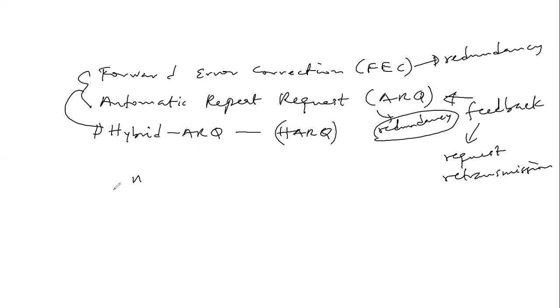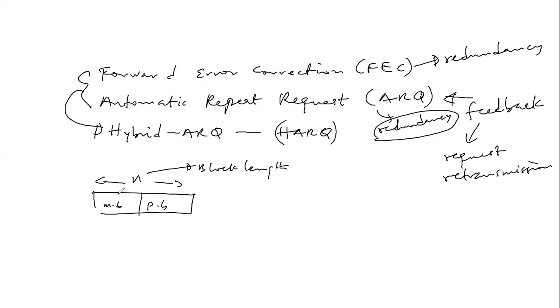So this is n bits, such that it combines both the message bit and the parity bit, right? And n is the block length, where k is the message bit.